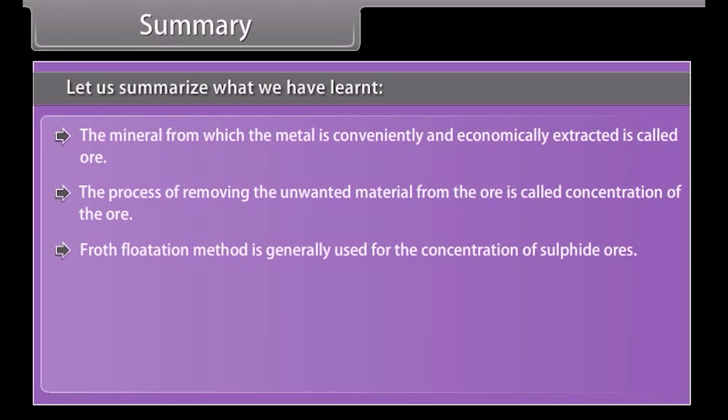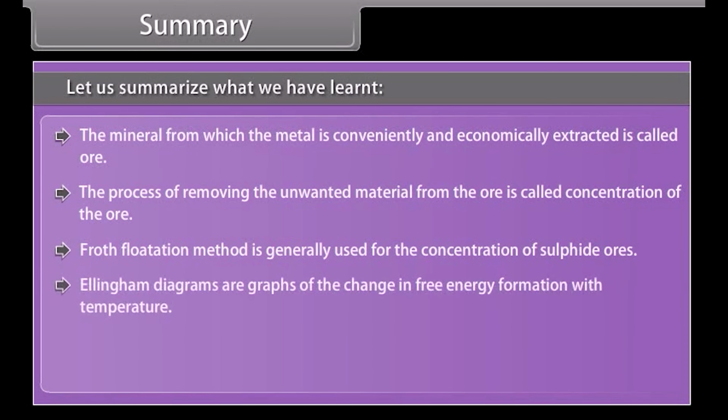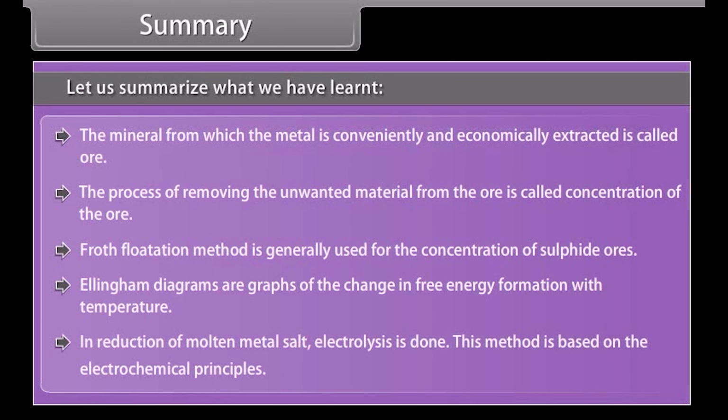Froth flotation method is generally used for the concentration of sulphide ores. Ellingham diagrams are graphs of the change in the free energy of formation with temperature. In reduction of molten metal salt, electrolysis is done. This method is based on the electrochemical principles.